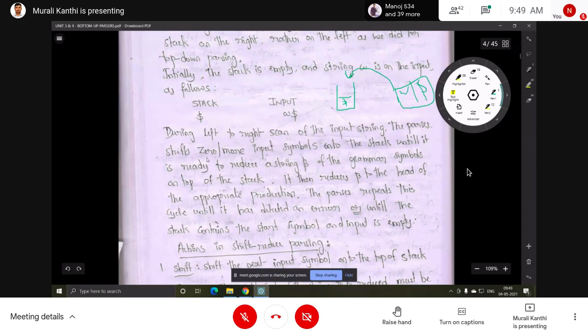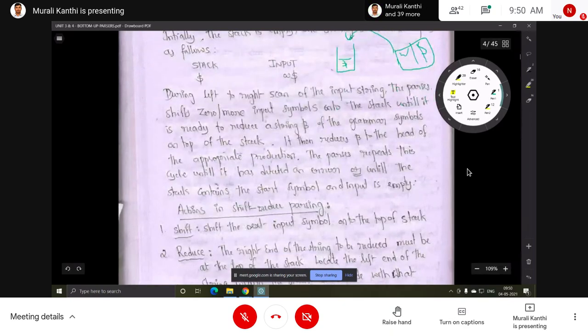So the parser shifts zero or more input symbols onto the stack until it is ready to reduce a string of grammar symbols on top of the stack. It reduces beta, which is nothing but a handle, to the head of the appropriate production.